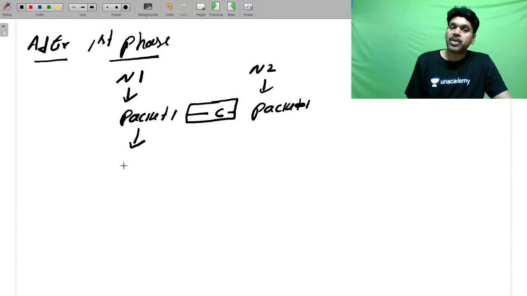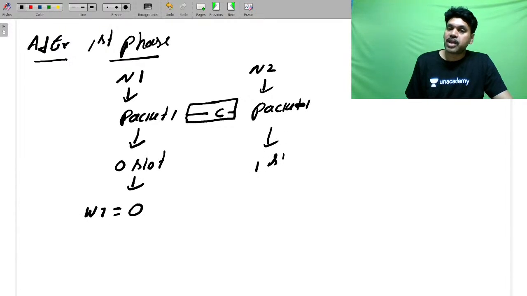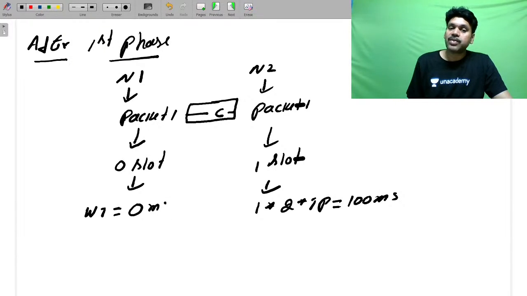So N1 chose slot number 0, so its waiting time is equal to 0. N2 chose slot number 1, its waiting time is nothing but 1 into 2 into TP, which we guess is 100 ms. That's it.